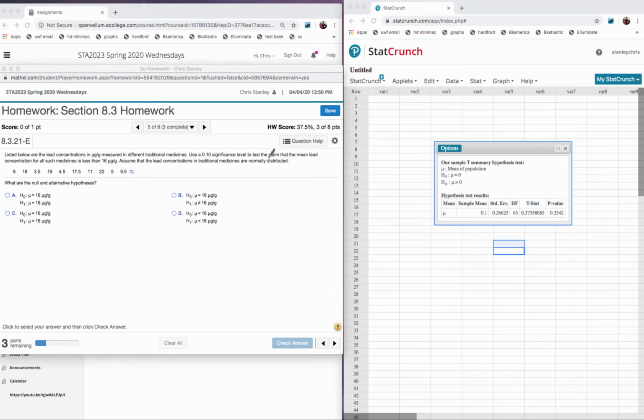Okay, let's see here. They're measuring the lead levels in some traditional medicines. Claim that the mean is less than 16. So the claim is that it's less than. So if the claim is that it's less than, that needs to go in your alternative. And your null would be that it's equal to 16.